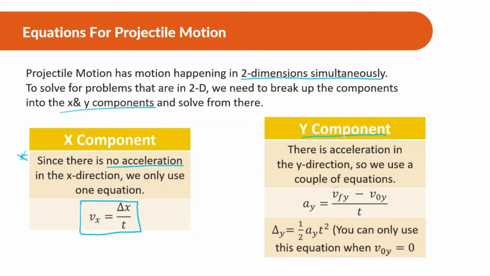We have the original equation: acceleration in the y is equal to v final in the y minus v initial in the y, divided by t. And then we have this one that we learned from free fall: displacement in the y is equal to 1/2 a_y t squared. And a reminder, you can only use this displacement equation when the initial velocity in the y is equal to 0. You can't use it when it's not.